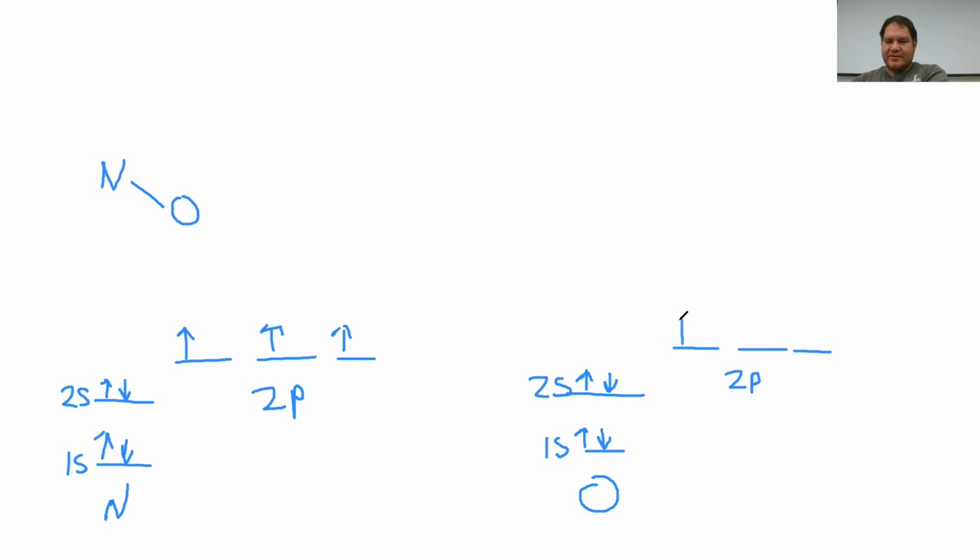And following Hund's rule, it has 1 electron, another electron, and another electron. However, oxygen has 1 more additional electron than nitrogen, and it's going to have to occupy an already occupied orbital that has an electron in it, okay? So with oxygen, we have 2 half-filled p orbitals and then 1 filled p orbital, okay?